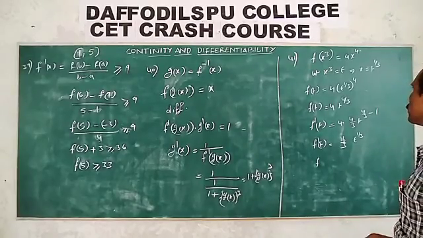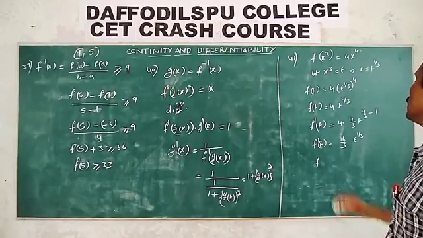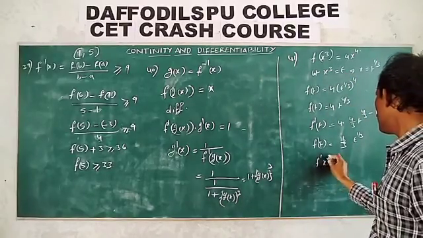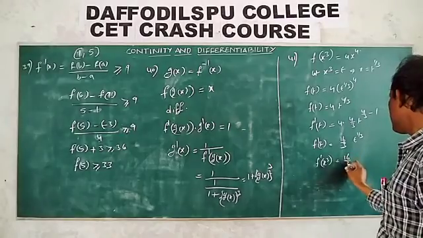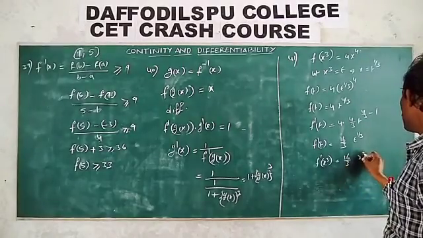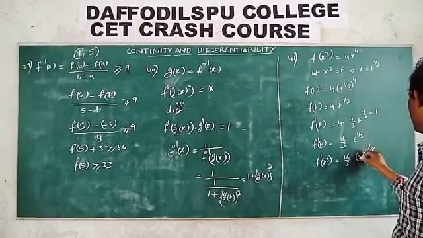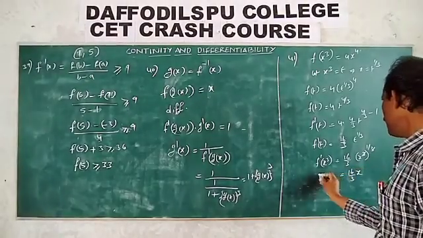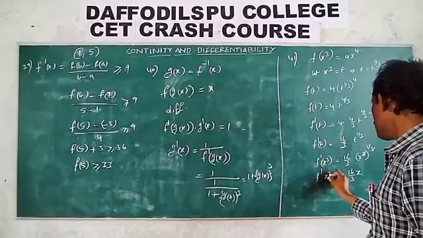Now t is equal to x cube. So f dash x cube is equal to 16 by 3 times x cube whole power 1 by 3. Finally this is equal to 16 by 3 x.